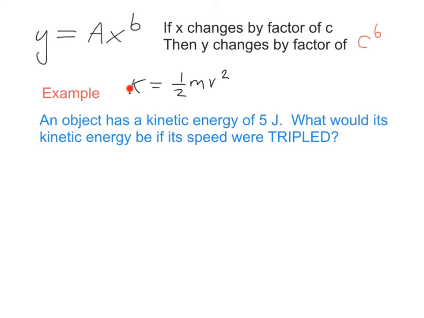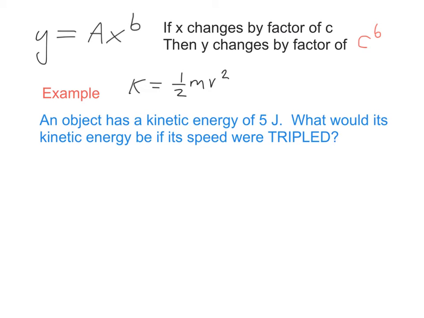For example, the kinetic energy of an object is proportional to the square of the object's speed. So b is equal to 2. Let's use relational reasoning to solve the following problem. An object has a kinetic energy of 5 joules. What would its kinetic energy be if its speed were tripled?